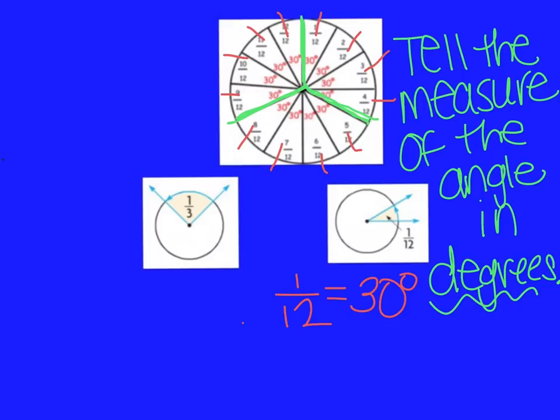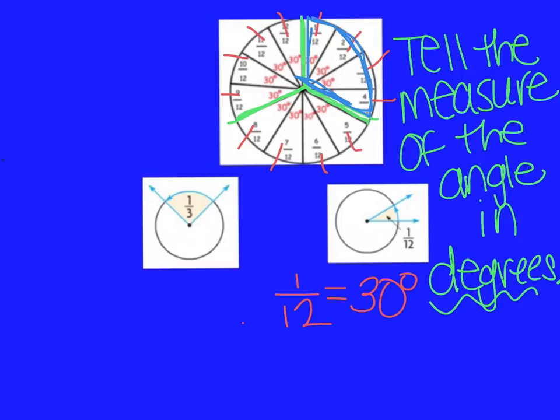And we're going to take a look at what our question's asking us. Our question's asking us, what is the measure of the angle in degrees of 1/3 of the circle? So, since we have our circle now in thirds, if I have 1/3, that's only one section of this area colored. So I'm going to highlight what we're going to work with.